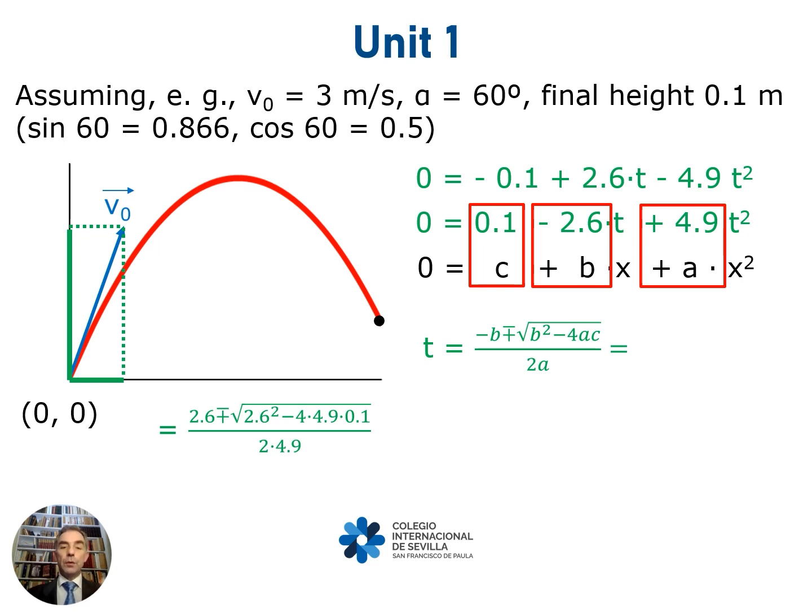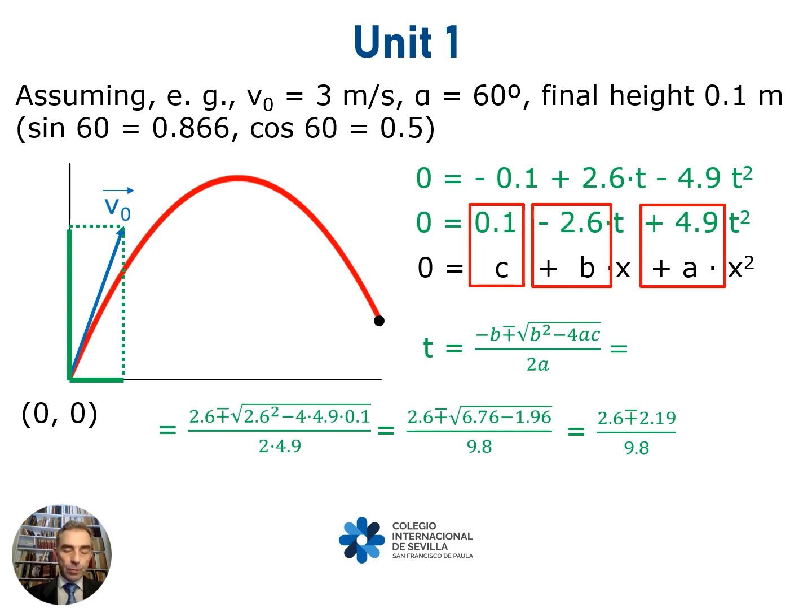We do the multiplications and we square 2.6 and we obtain 2.6 minus plus the square root of 6.76 minus 1.96, divided by 9.8. That means we do the subtraction, we do the square root, it means 2.6 minus plus 2.19 divided by 9.8.